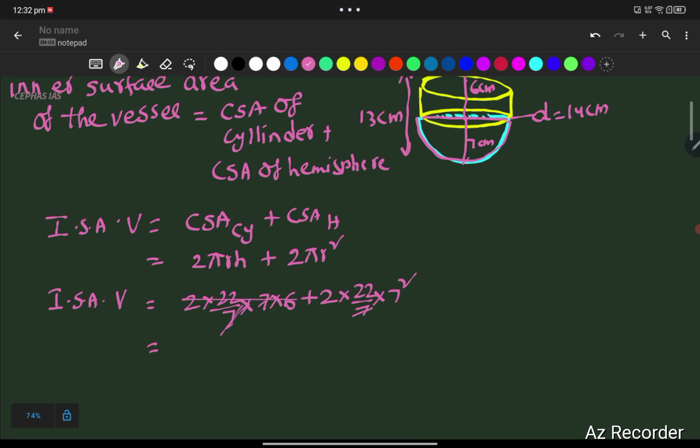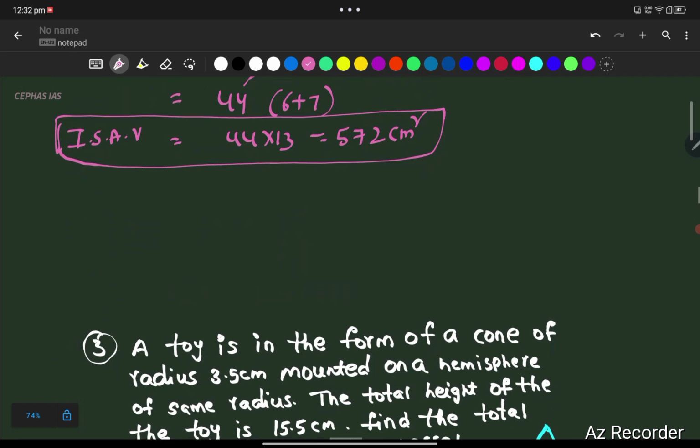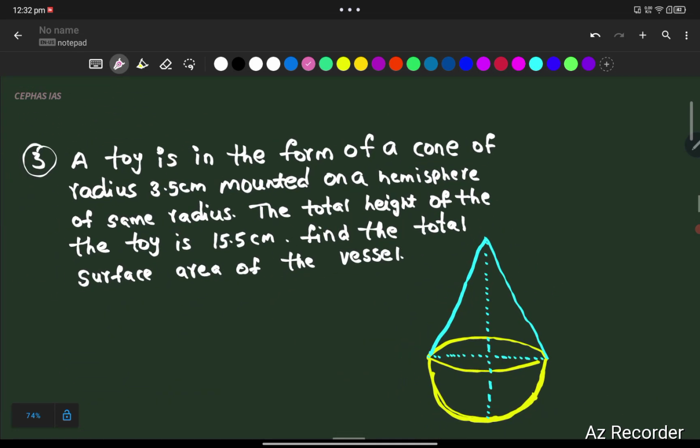Here also 1/7 and 1/7 will cancel each other. It will become 44 into (6 plus 7), which is 44 into 13. Ultimately it will be equal to 572 cm². So the inner surface area of the total vessel is 572 cm². Let's talk about the third question.